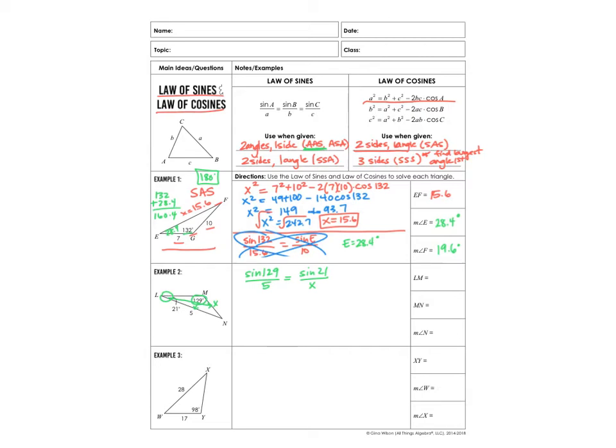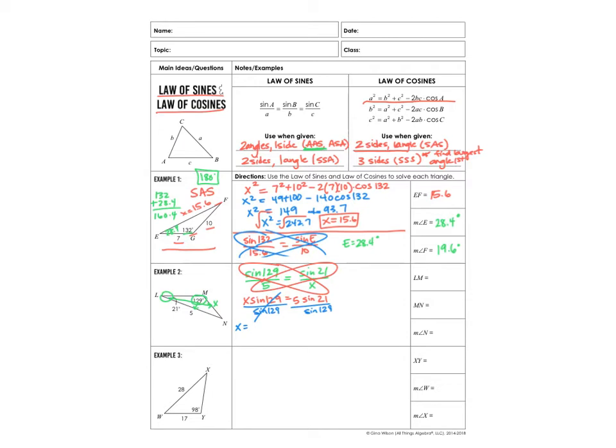Now we can cross multiply. So that's x times the sine of 129 equals 5 times the sine of 21. To get x by itself, we divide by sine of 129. That's going to give us x equals 5 times the sine of 21 divided by the sine of 129.